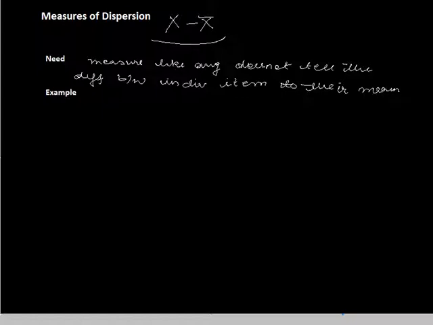Okay, fine, in a series you found the mean, but the individual items in the series might not be the same as the mean. So what is the difference between the two? That's what dispersion actually talks about.